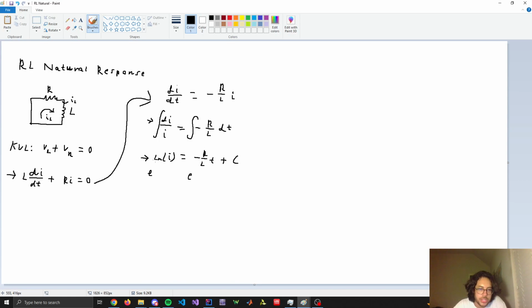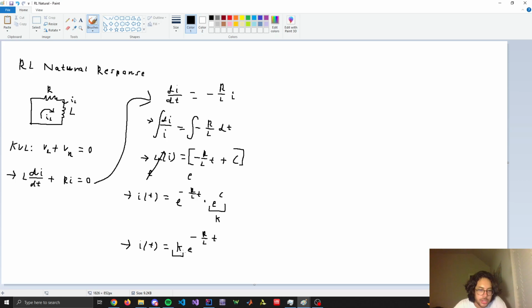And just like the RC natural response, we exponentiate both sides. It's pretty much the same thing. So I as a function of time is equal to e to the negative R over L t times e to the c. Well, that's just another constant k. So the solution is I of t equals k times e to the negative R over L t.